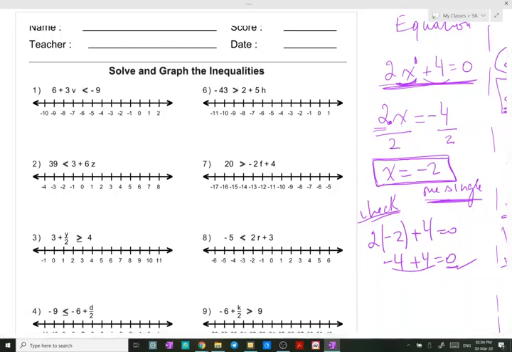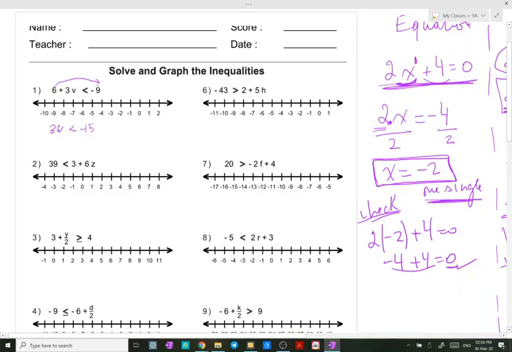In order for you to solve this one, you have to first take the 6 to the other side. So you're going to have 3v is less than minus 9 minus 6. And how much is minus 9 minus 6? It's minus 15. Now, since 3 is positive, when you divide by 3, the order will not change.